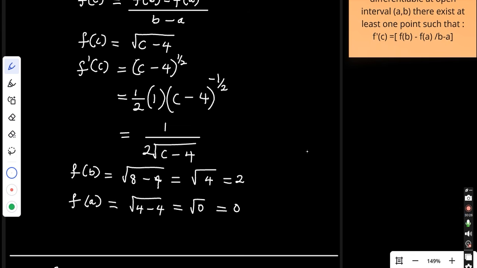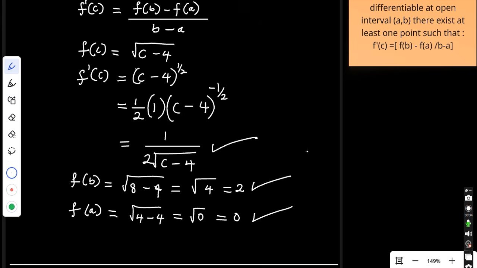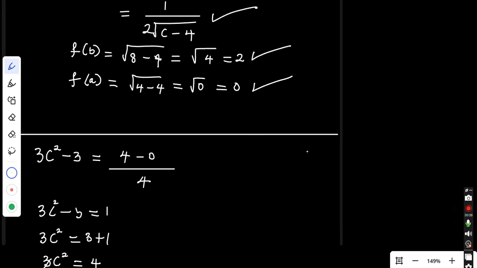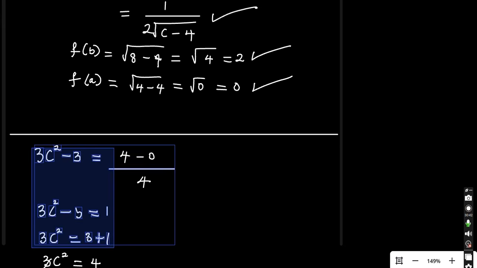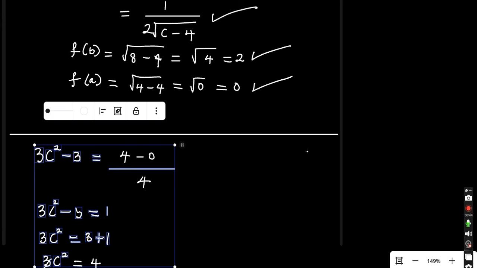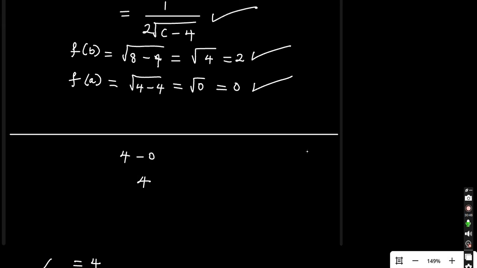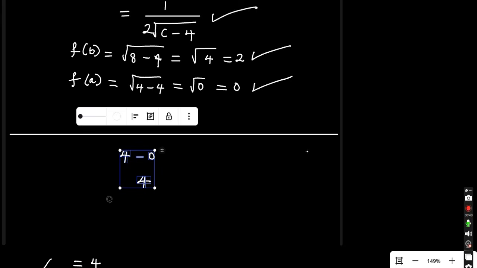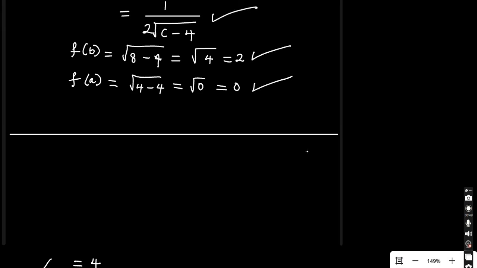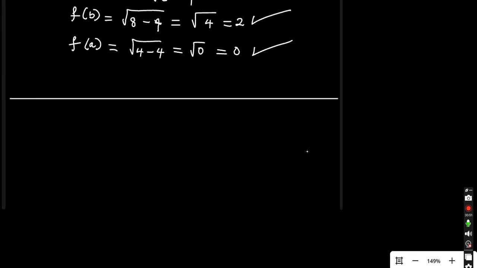We have f prime of c, we have f of b, and we have f of a. So we have everything which we need in our general formula, so we can therefore implement. Let's clear this out. Implementing our formula, we're going to have that f prime of c.